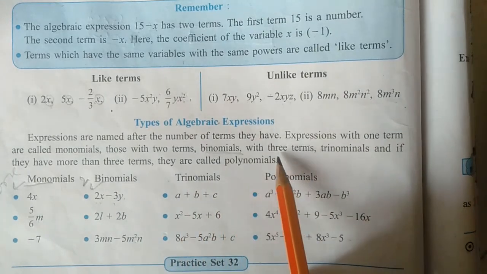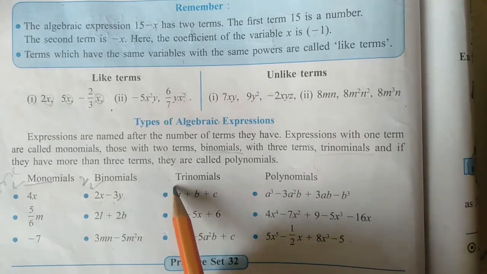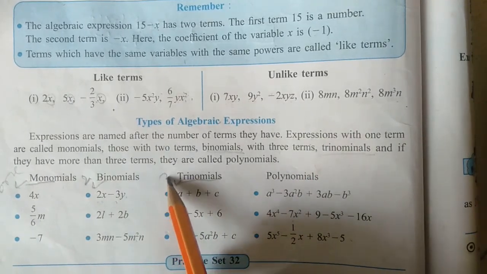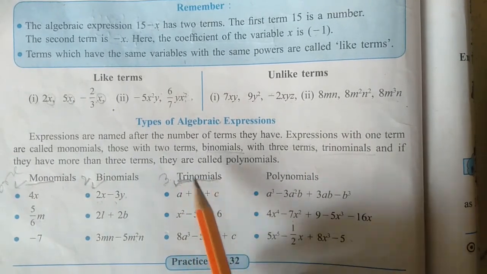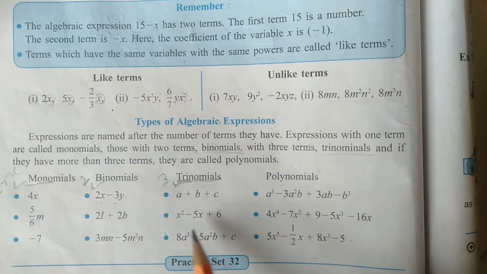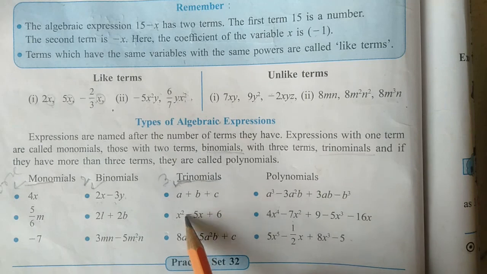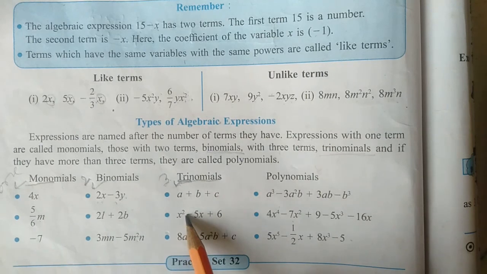See the next. The expression with three terms is called a trinomial. Tri means three. So these are examples of trinomials. I already told you terms are separated by plus or minus.